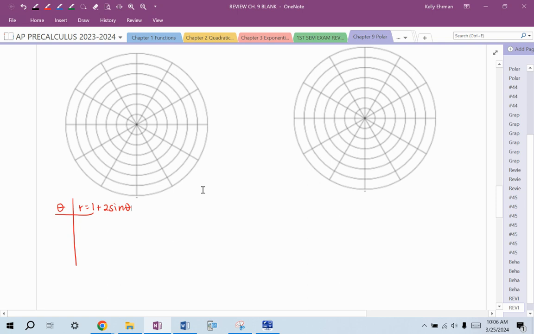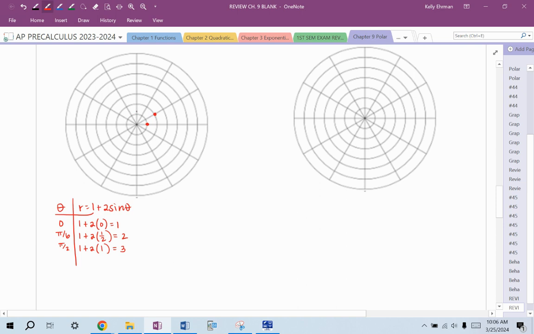All right, if we plug in 0, we get 1 plus 2 times sine of 0, which is 0. So face 0, go forward 1. Plug in pi over 6. 1 plus 2 times sine of pi over 6, which is 1/2. 1 plus 1 is 2. Then we want pi over 2. 1 plus 2 times sine of pi over 2, which is 1.